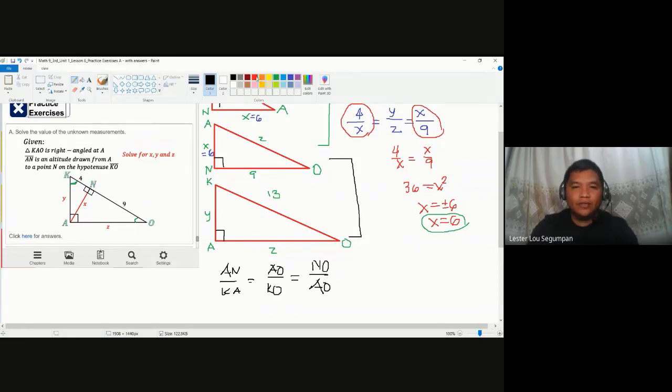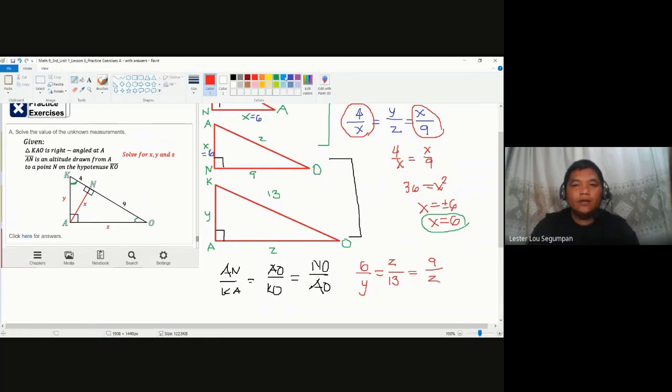Substituting all values, AN is X, which is actually earlier as 6, over KA, which is Y, is equal to AO, which is Z, over the value for KO, which is 13, equal to NO, which is 9, over AO, which is Z.